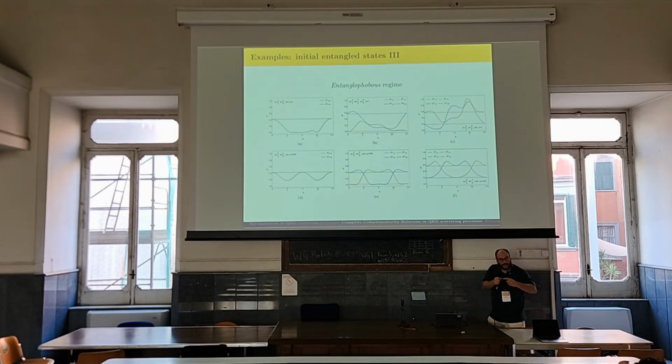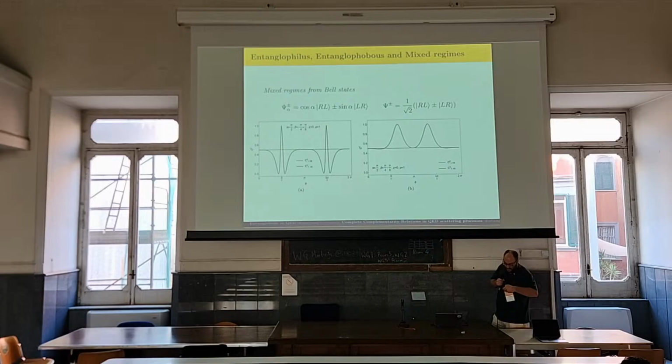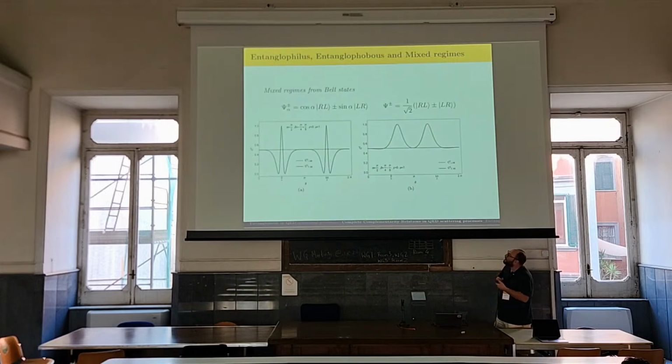Another regime that shows the opposite behavior, and a mixed regime. Here we want to plot how we can obtain a deviation from the Bell state, that is the horizontal black line, modified by the entanglement parameter.